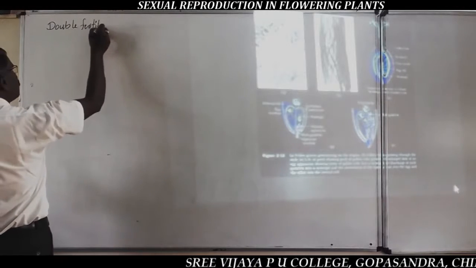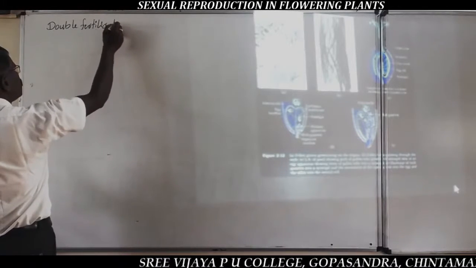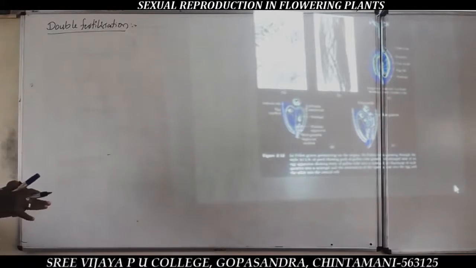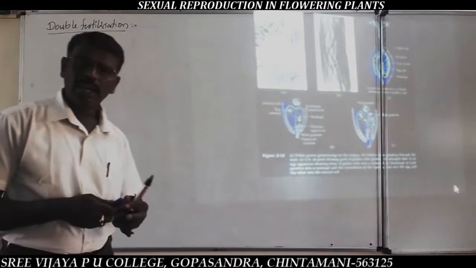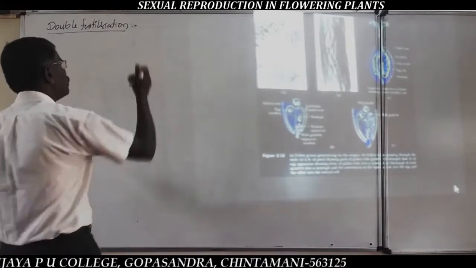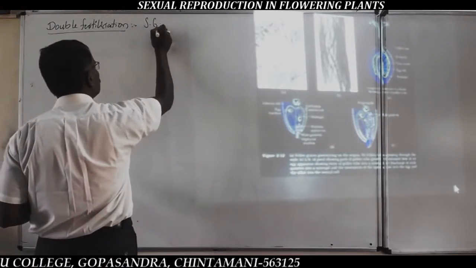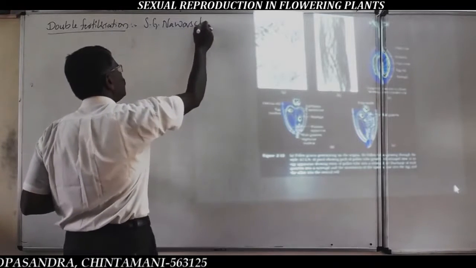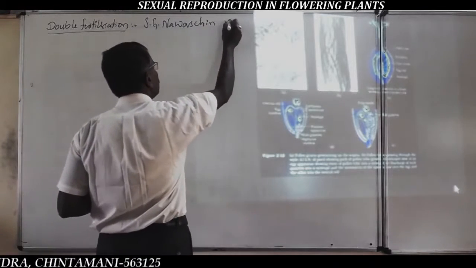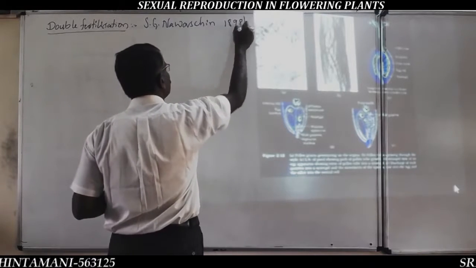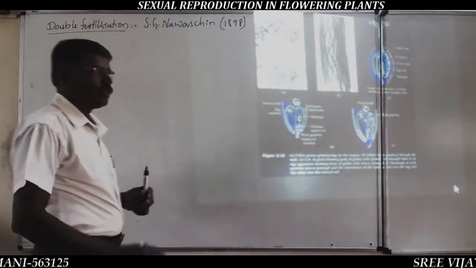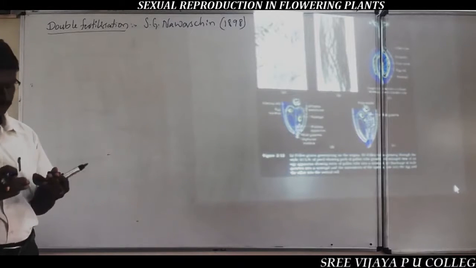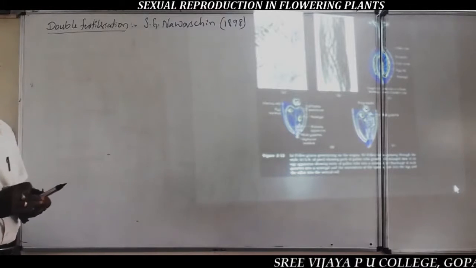Double fertilization was first discovered by S.G. Nawaschin in 1898, who discovered double fertilization in flowering plants. What is fertilization?